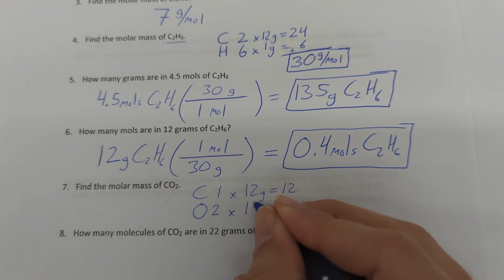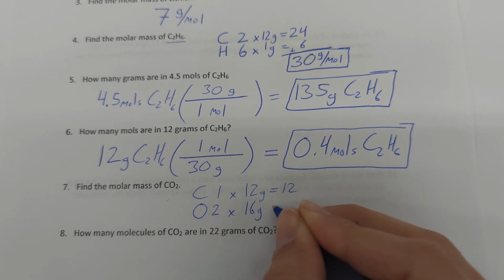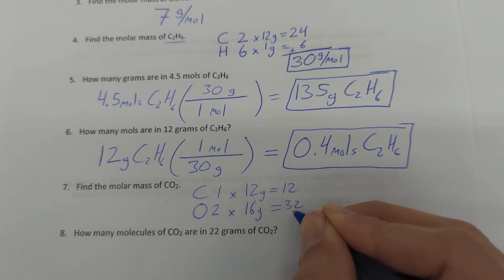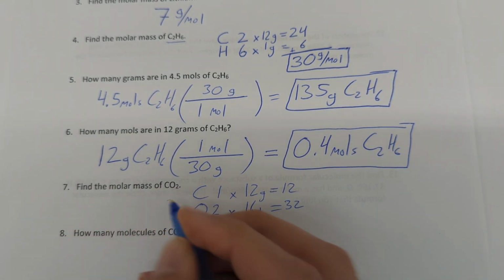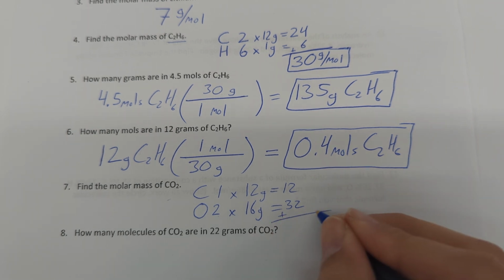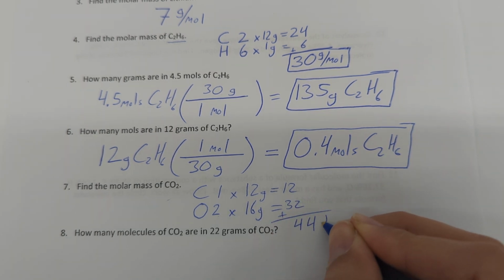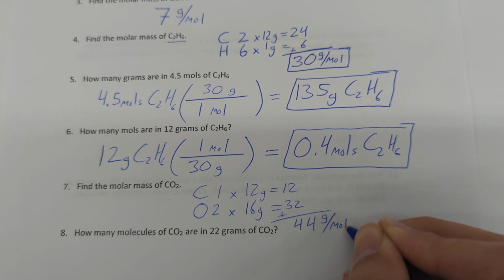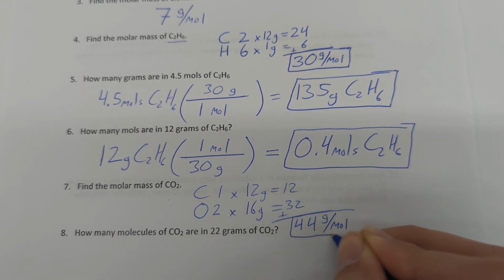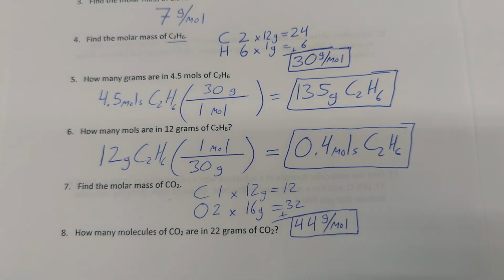So if 1 oxygen weighs 16 grams, 2 oxygen would weigh 32 grams, and the whole molar mass of carbon dioxide would add both of these together: 44 grams per mole. Meaning if you had 44 grams, you'd have 1 mole of carbon dioxide.